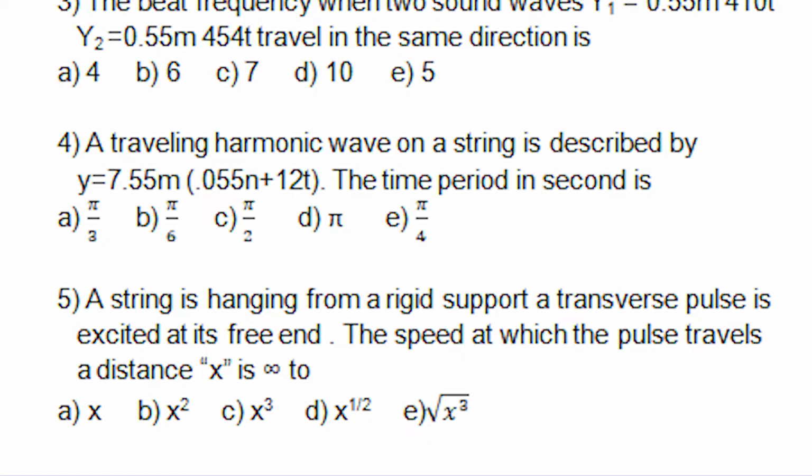Fifth question: a string is hanging from a rigid support. A transverse pulse is excited at its free end. The speed at which the pulse travels a distance x is proportional to?